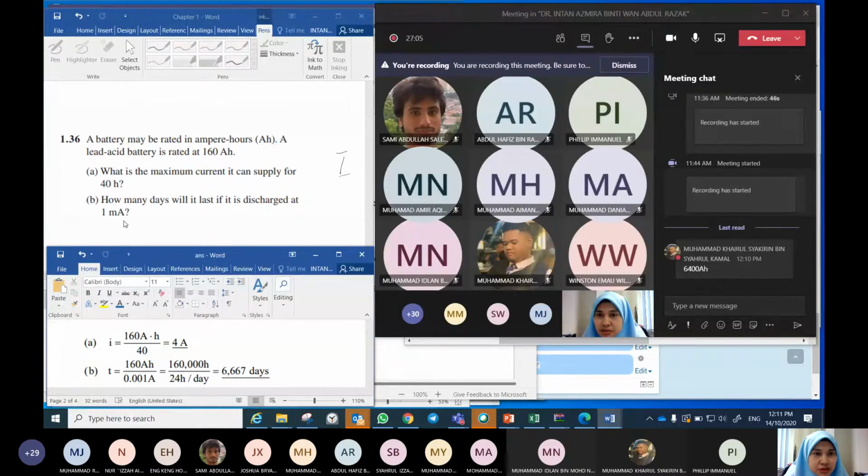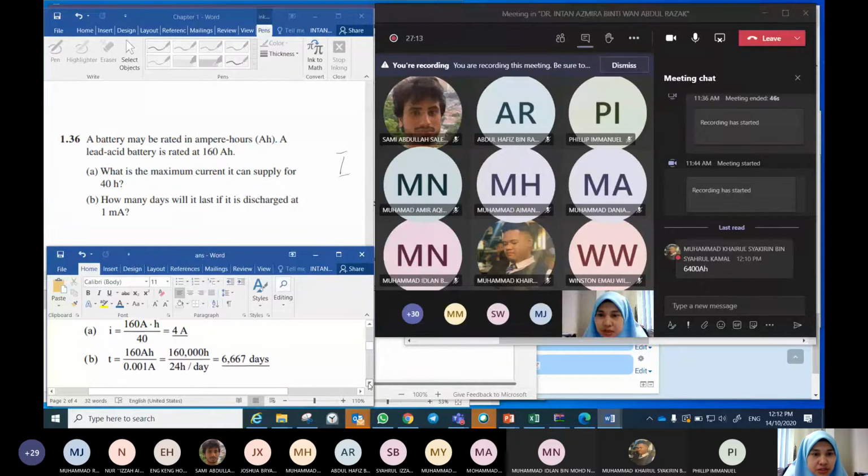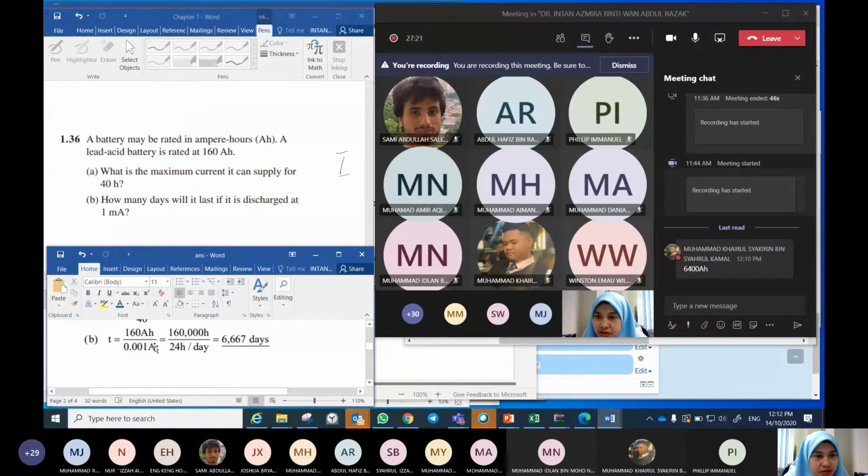Discharge at 1 milliamp only. So 1 milli is 0.001, or you just write 1 milli here, and then we cancel out the A here and A here.